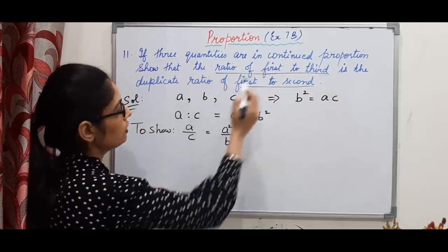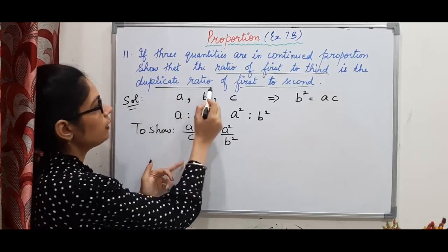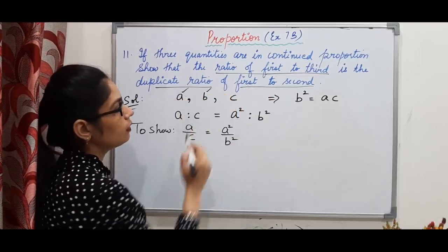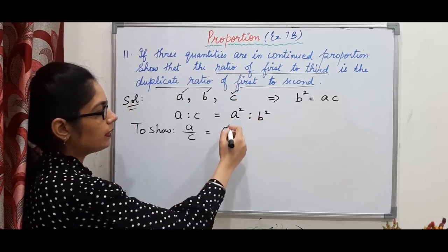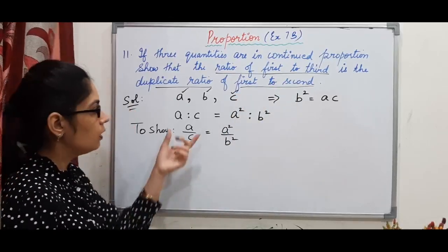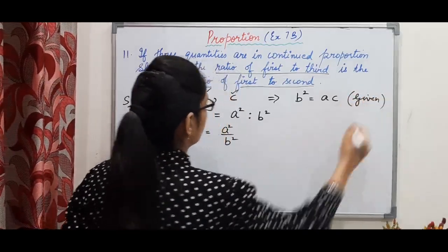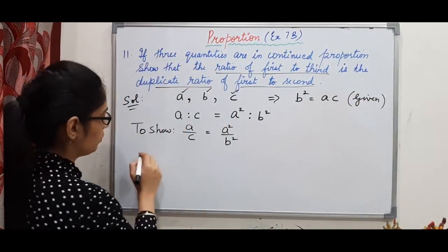So the ratio of first to third is this. Duplicate ratio means square. First is A, second is the mean, and third is C. So duplicate means square of first to second. So this is given. I will write B square is equal to AC, and this thing I have to show.